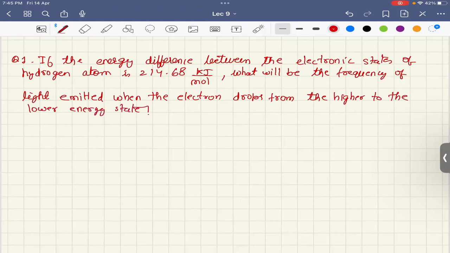Right? We know that Planck's constant has been given to us as 39.79 × 10 raised to power minus 14 kilojoule second per mole. Right? This has been given to us.